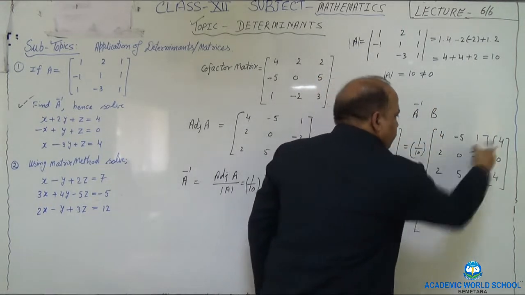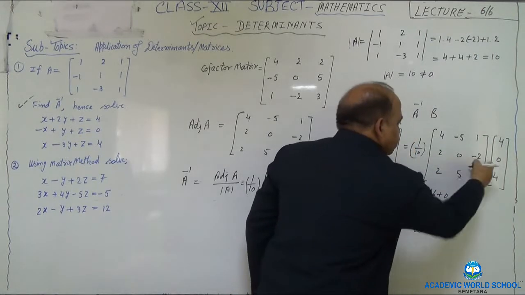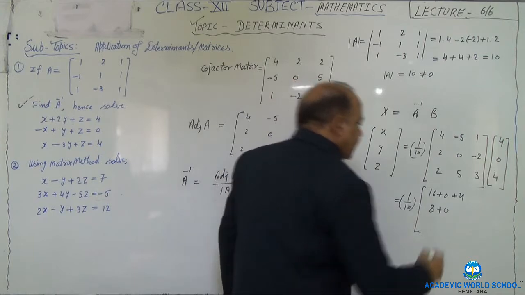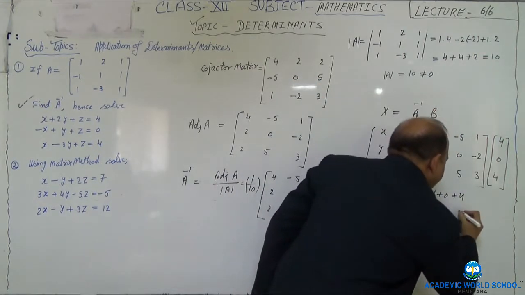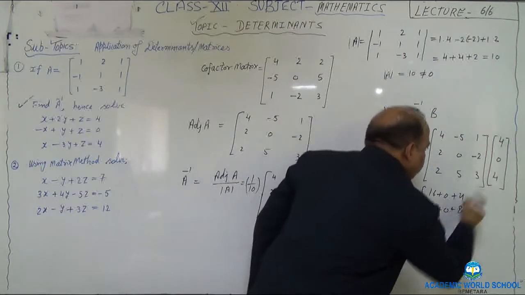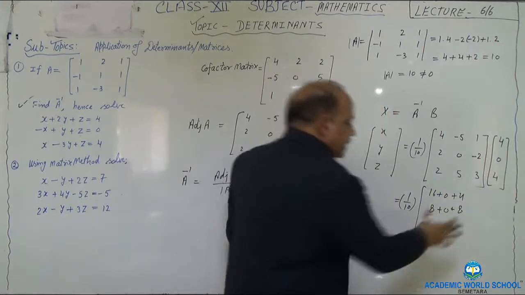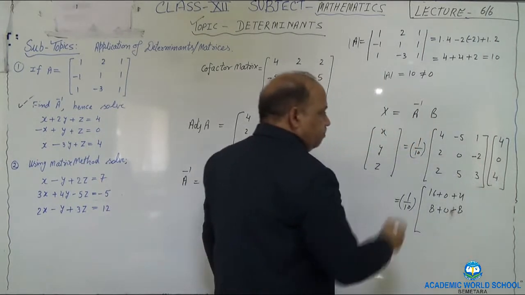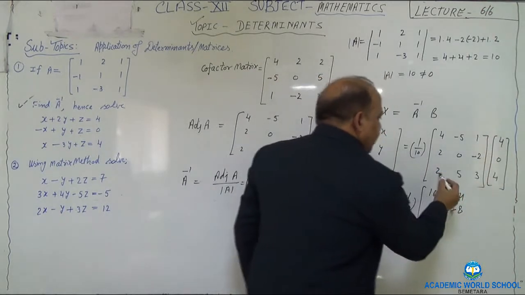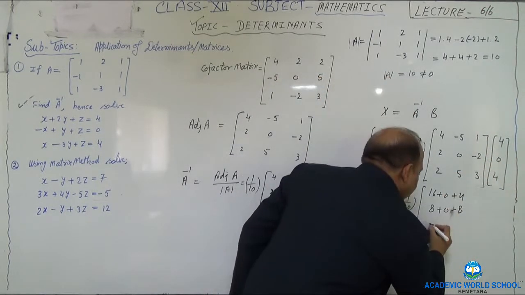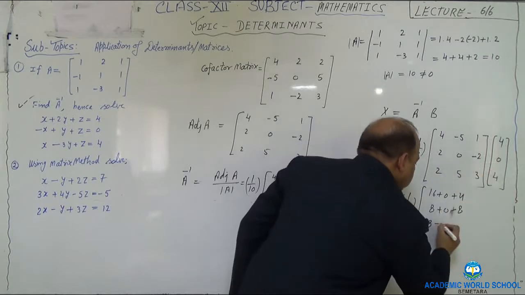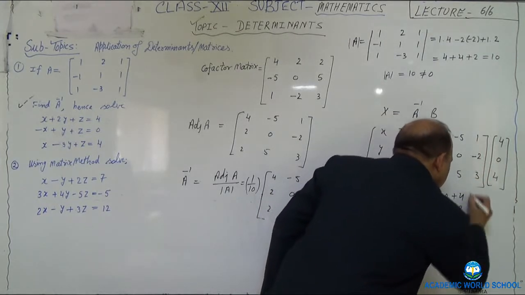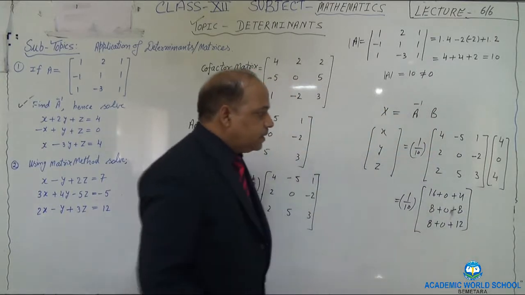Multiply by the second row: 2 fours are 8, 0, and then minus 2 into 4 gives you minus 8. And then multiply the third row by this: 2 fours are 8, then 5 zeros is 0, and then 3 fours are 12. So this becomes 12.